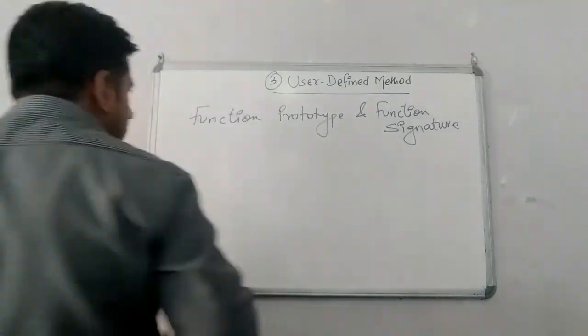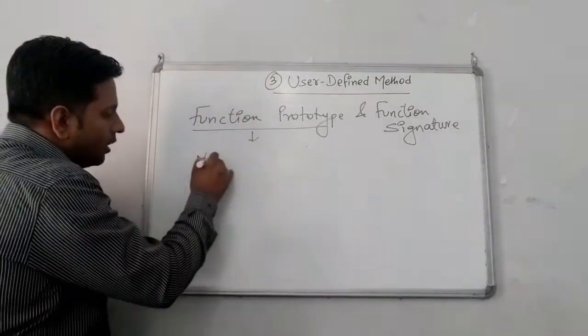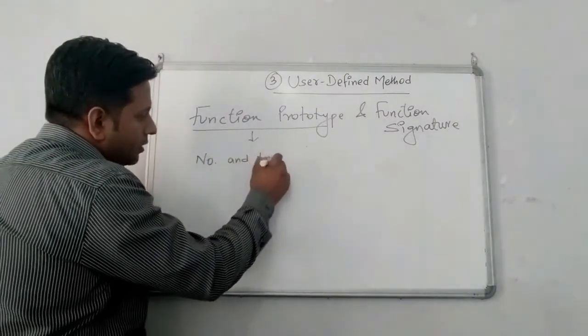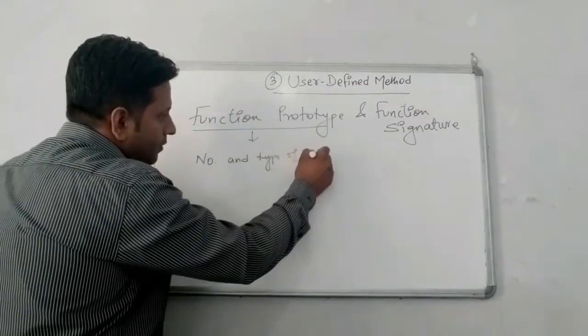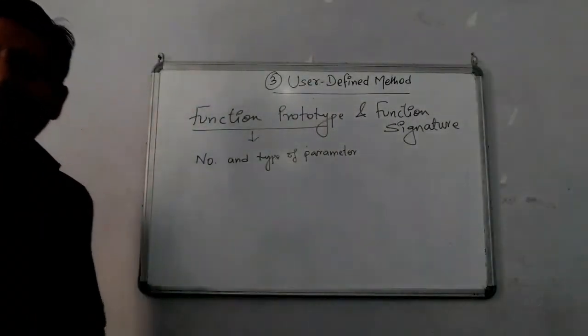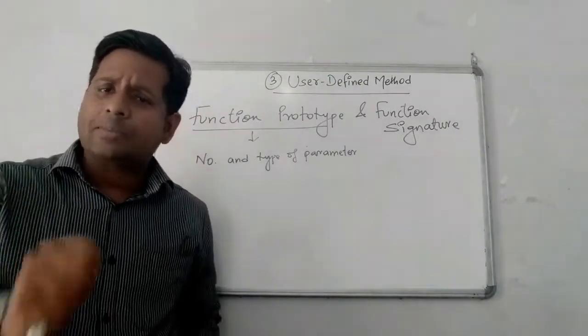That means function prototype tells the number and type of parameters the function will accept.